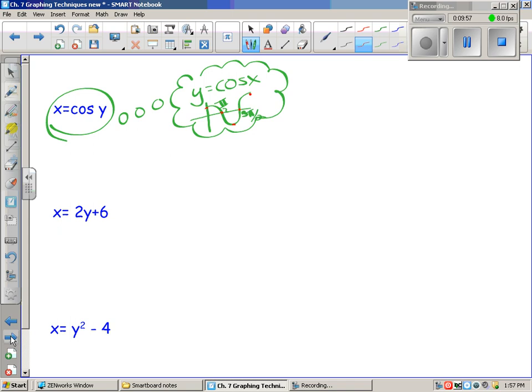It is the inverse cosine. The main clue, how do you know that's true, Nick? Right, you switch the x and the y. So that should be enough of a clue to say, hey, that's the inverse graph. So you actually thought, hey, wait a minute, that's the same thing as the inverse cosine graph, which we have done before.